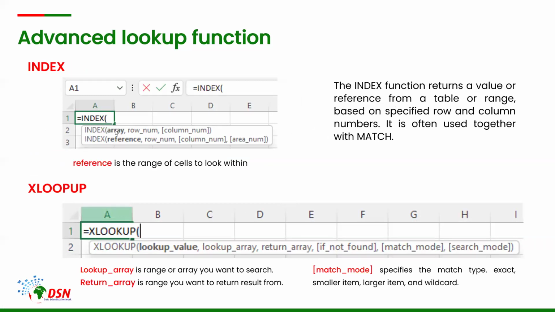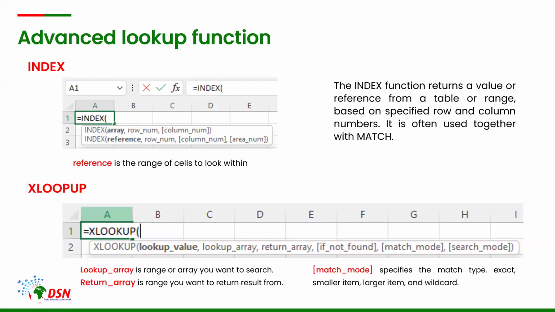In the index, you specify your array, which is your data range, then specify the row number, and most of the time, the row number is in the form of a match. So instead of having a row number here, you put a match function that will look up a particular value.